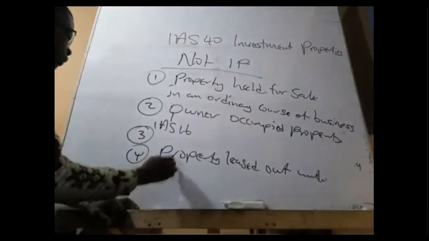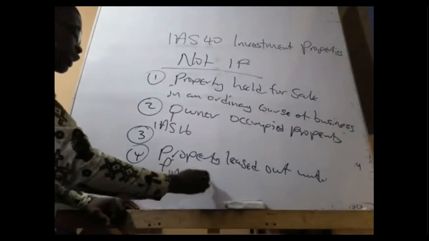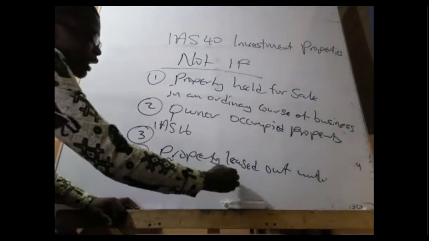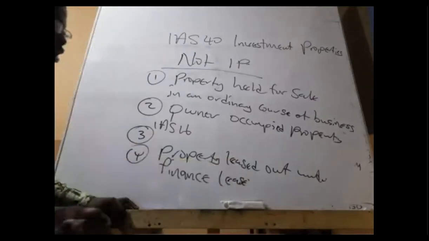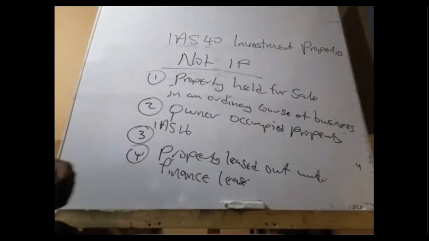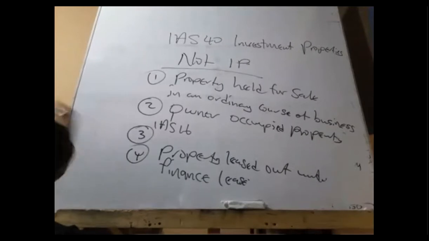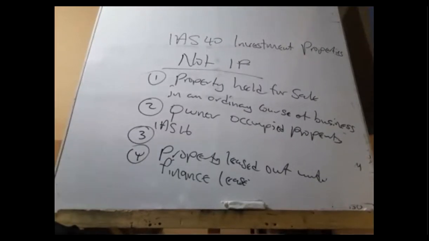under a finance lease. You know that if you lease out a property under a finance lease, you cease to be the accounting owner. We are not talking about legal owner, but accounting owner. So in accounting terms, you don't have the right to record the asset in your books.